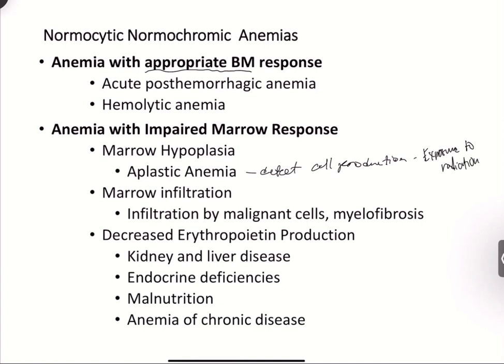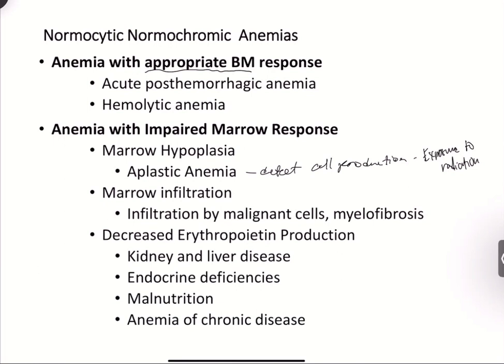Next is marrow infiltration, infiltration by malignant cells, like myelofibrosis. Decreased erythropoietin production occurs in kidney and liver disease, which are the main organs that produce your EPO. Endocrine deficiencies, malnutrition, and chronic disease or anemia of chronic disease also produce decreased EPO.